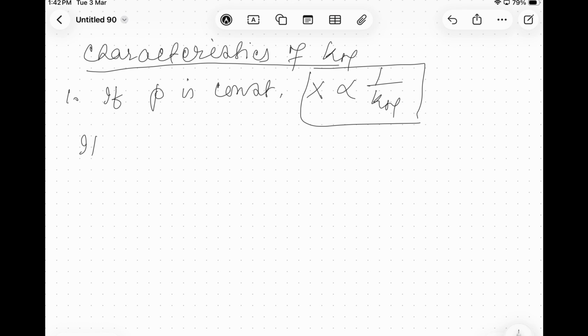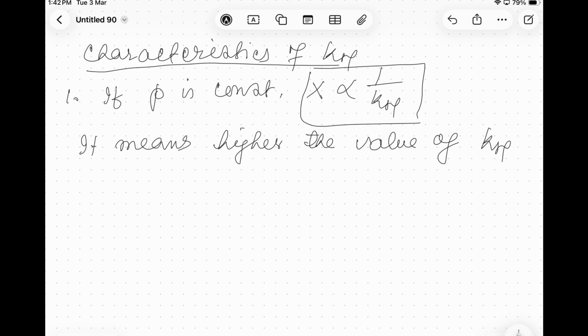It means higher the value of Henry constant, the lower is solubility of a gas in liquid.